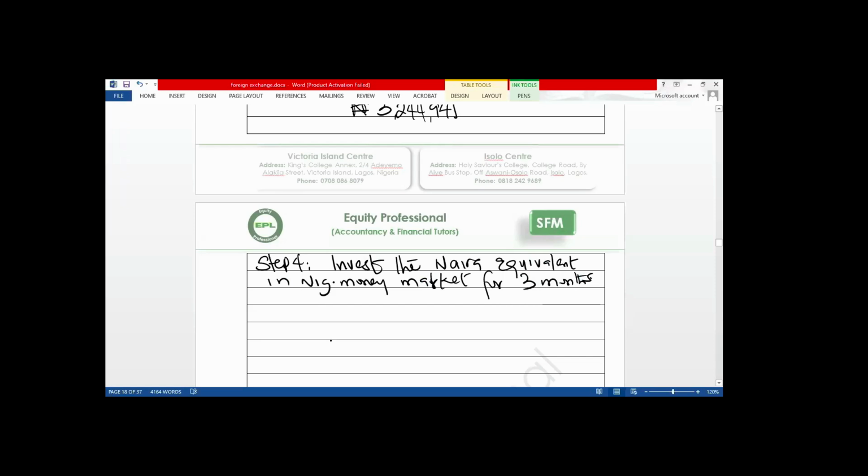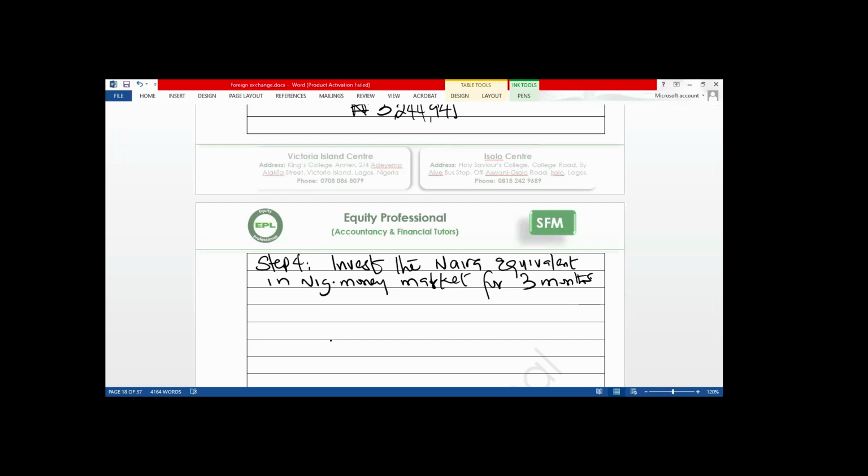Now go check the question. What is the deposit rate in Nigeria? 9%. That 9% is the annual deposit rate. But you want to deposit for 3 months.